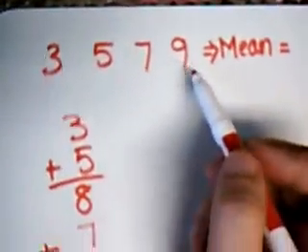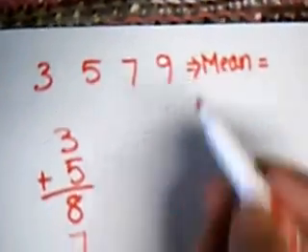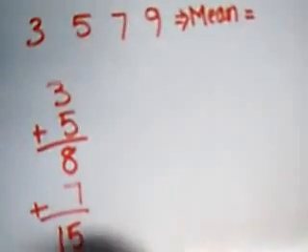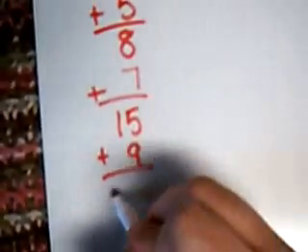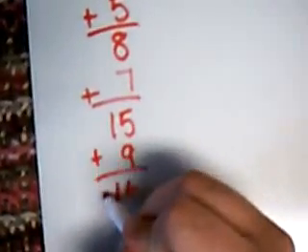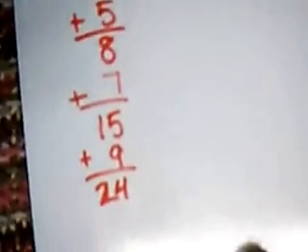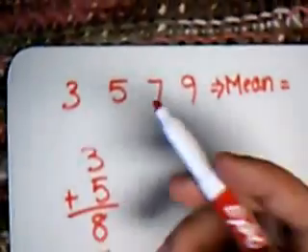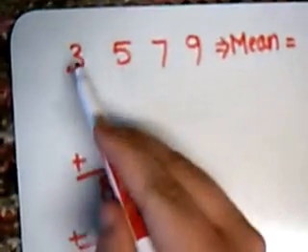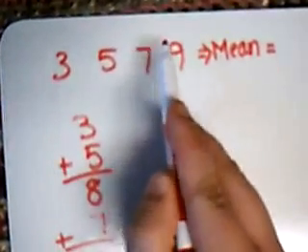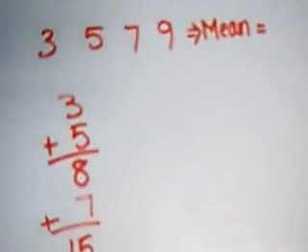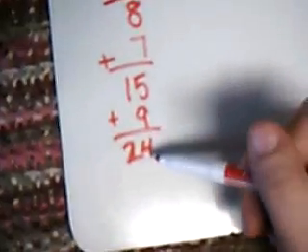And then 15 plus 9, which would be the next one, would give you 24. Okay, so now our next step is to actually count how many of these we have. 1, 2, 3, 4 different numbers.